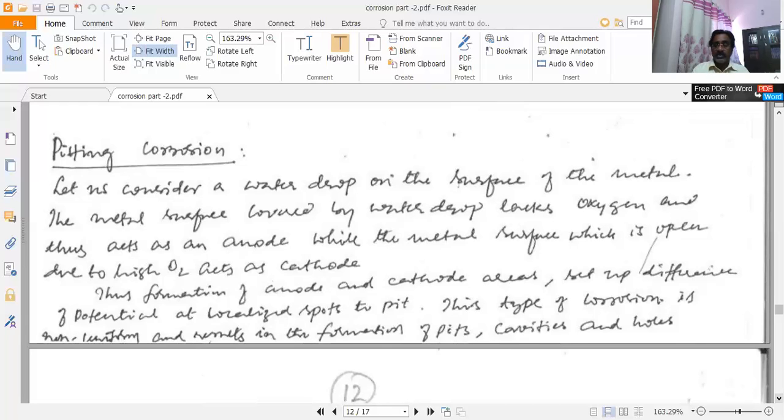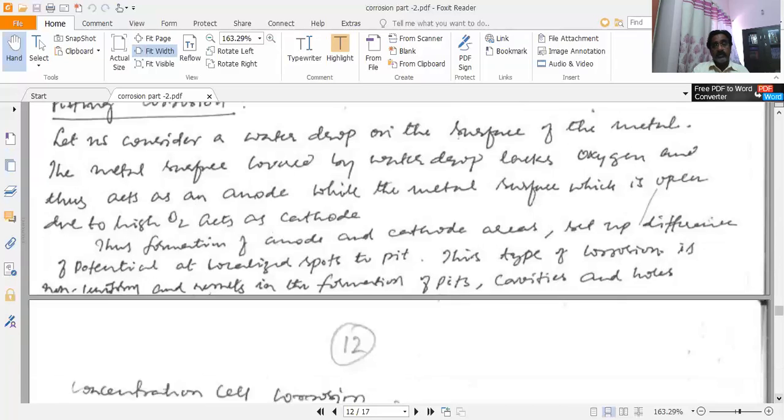This type of corrosion is non-uniform and results in the formation of pits, cavities, and holes. Again, here the basic principle is electrochemical corrosion. So here also the anode and cathode are formed based on the concentration of oxygen. At the anode, oxidation will take place. At cathode, reduction will take place. We call this type of corrosion pitting corrosion.